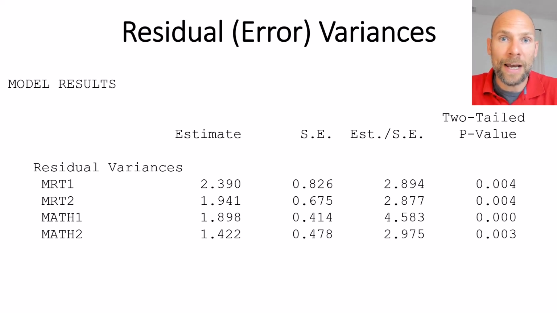That would indicate either random measurement error, or specific variance, or a combination, so something that's variable specific and not shared with the other indicators of the factor. Again, these don't have a super intuitive interpretation, but in conjunction with the factor variances, we could see what proportion of the total variance is factor variance versus error variance.